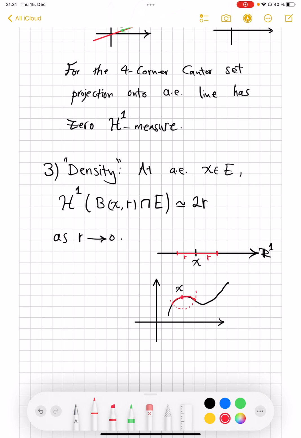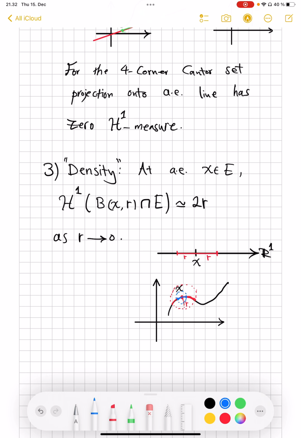Okay, and the ball has radius r. As you can see, it's not really expected that the length here will be exactly 2r, but at the same time, it's not difficult to believe that as you let the radius go to 0, then pretty much it is equal to 2r.